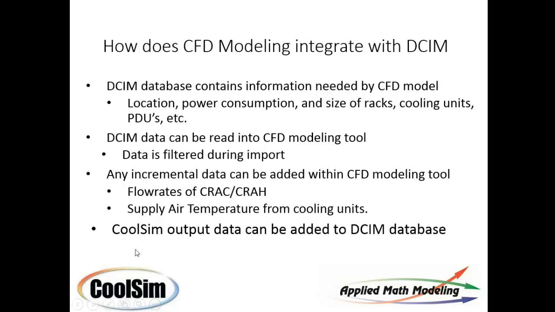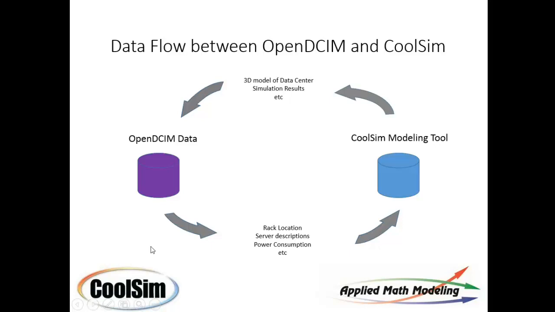Now then what you can do is once it's in, you can go to CoolSim and you can just add the other incremental data necessary in order to do a simulation. So the workflow kind of goes like this. You have over here on the left OpenDCIM data. Now in Scott's case, OpenDCIM is an XML-based data structure, so is CoolSim, so that's very nice because the handling of that data is quite straightforward and quite easy.